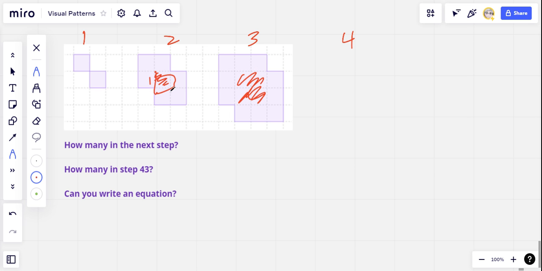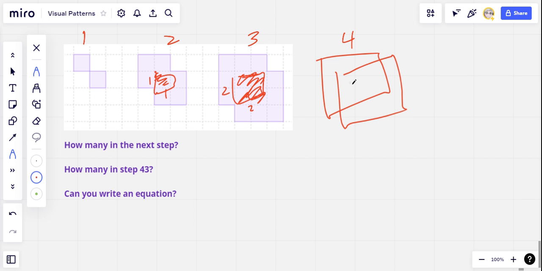So here it was 1 by 1. Here it was 2 by 2, the overlap, I mean. So here I think we'll have boxes that are 4 by 4, right? But the overlap will be bigger as well. So these are 4 by 4, and the overlap should be 3 by 3. So how many boxes would that be?